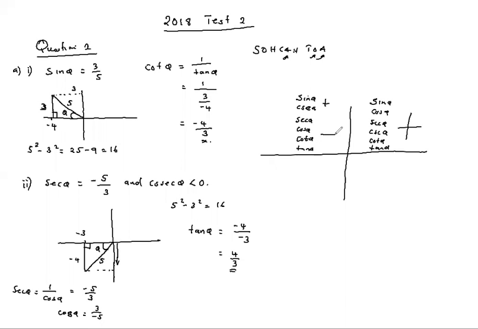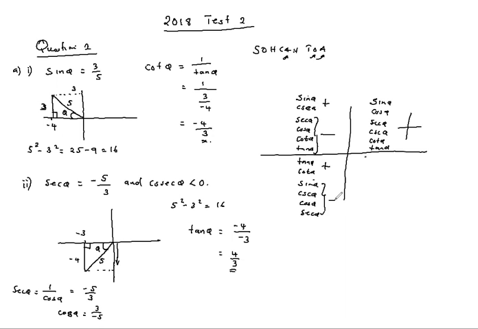In the third quadrant, tan and cot, these 2 are positives. Sine, cosec, cos, sec, these are negatives in this quadrant.